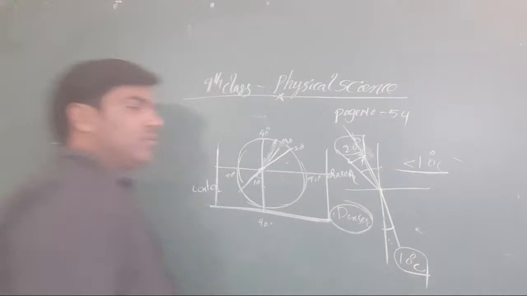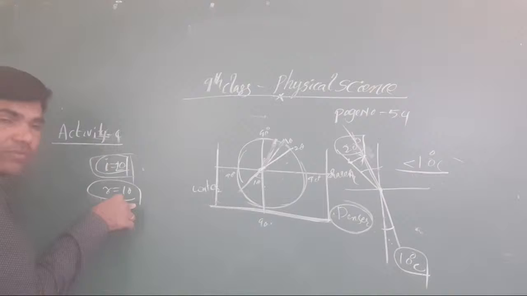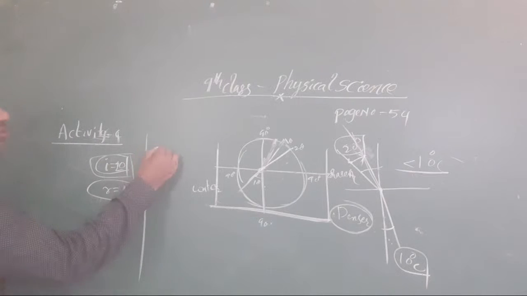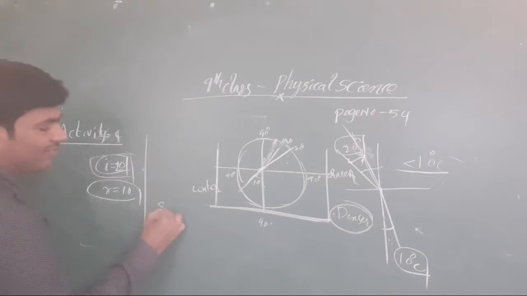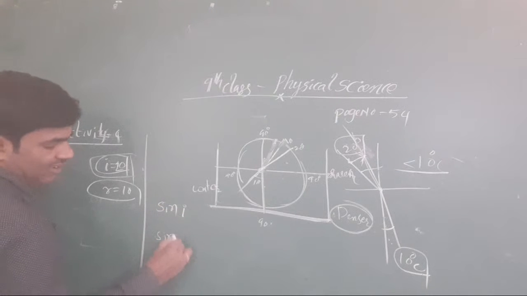Yes, and you have to take that here. Suppose I is equal to 20 and R is equal to 10, we will get. In case, imagine that I is 20 as well as R is 10. Okay, you have to take the ratios of these angles with the sine, sine I and sine R.